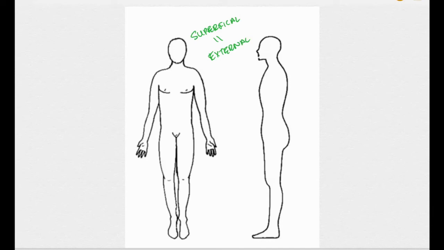That's all superficial or external means. Something's closer to the body's surface. And then the same can be, but opposite, for deep. Or you can say internal. My heart is deeper or more internal than my skin. Pretty easy. It makes sense. It's not too complicated to understand that.